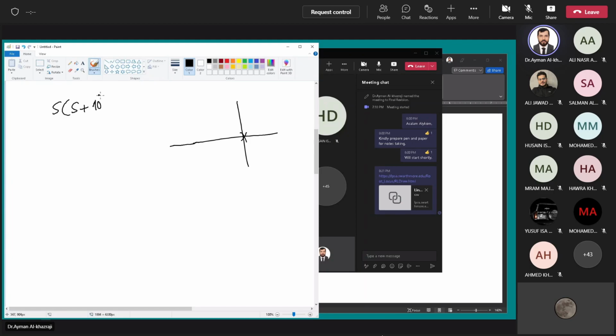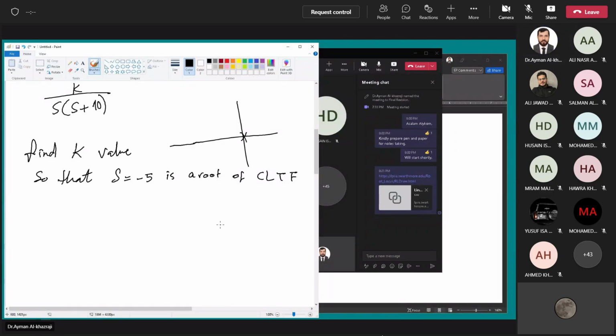I don't remember, suppose. This system, there is a question saying, find the K value so that S equal minus 5 is a root of the closed loop transfer function. This is the question.